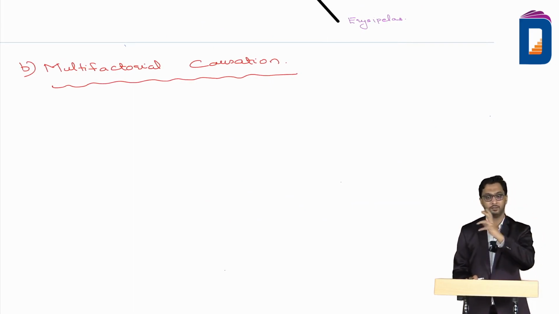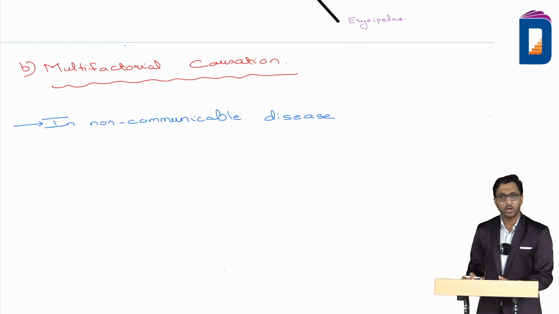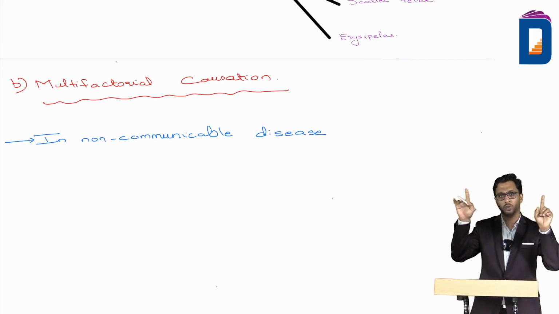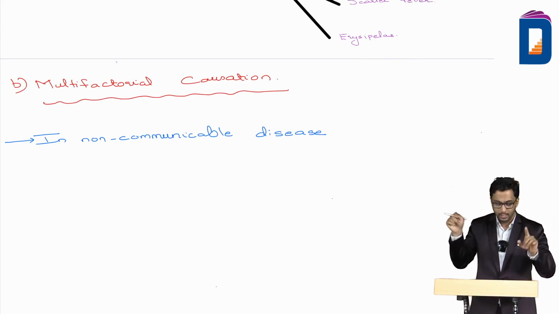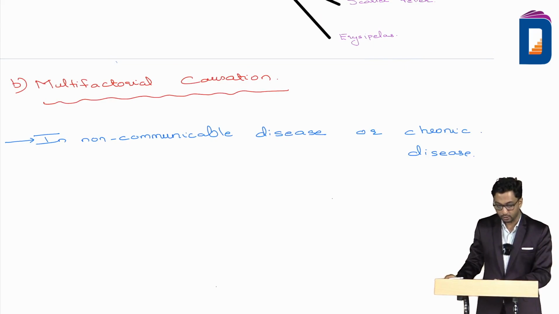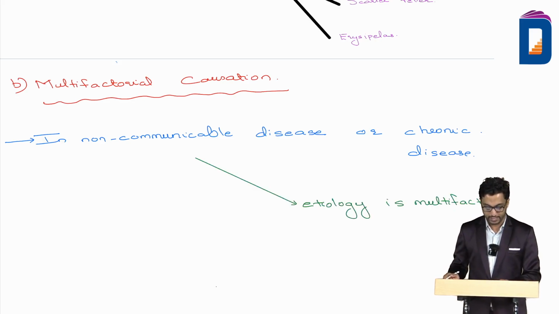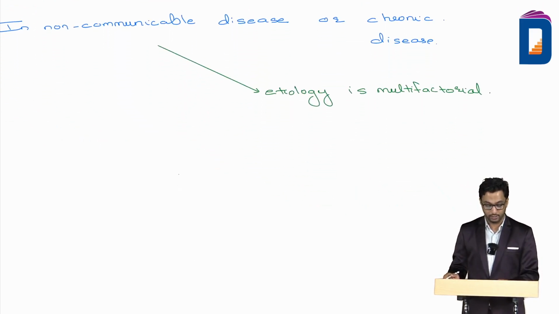Multiple agents, one disease. That is seen in non-communicable disease. In communicable disease, you will see one-to-one or one-to-multiple diseases. In non-communicable and chronic diseases like diabetes, hypertension, myocardial infarction, etc., you will see multifactorial causation, where the etiology is multifactorial.